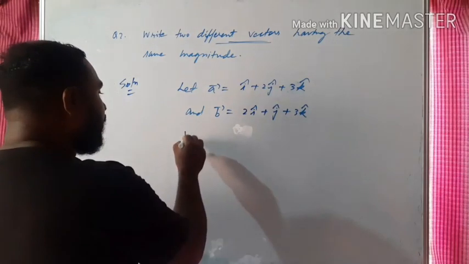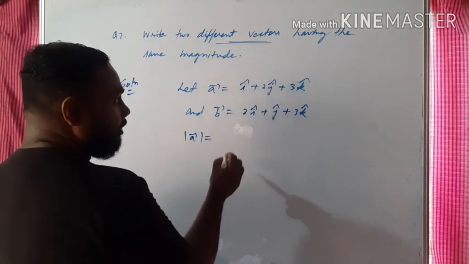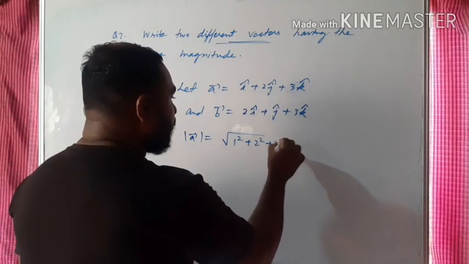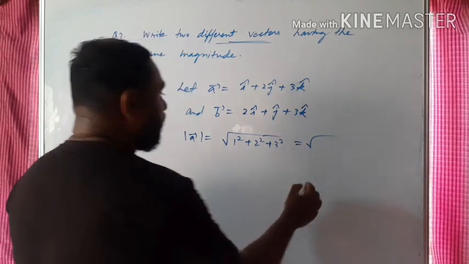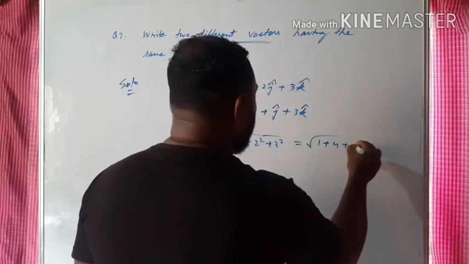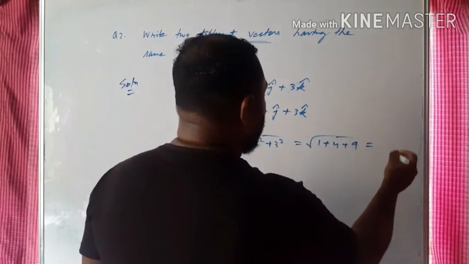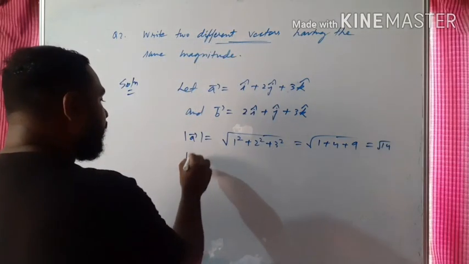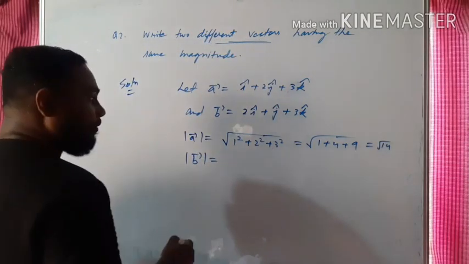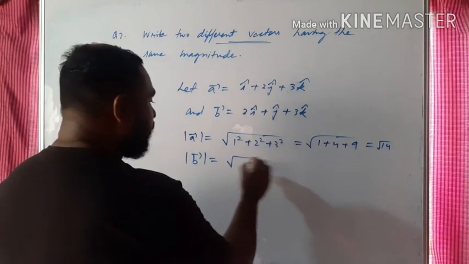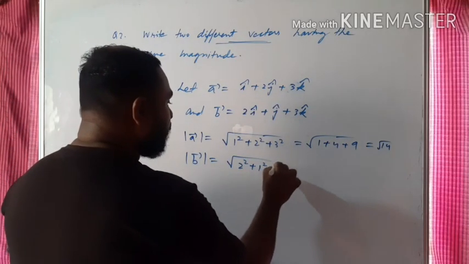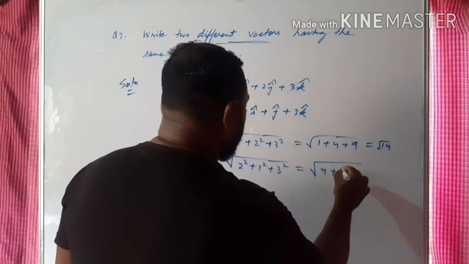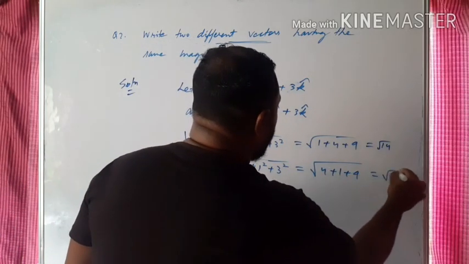Now you see here, if I find the magnitude of a vector, it will be what? 1 square plus 2 square plus 3 square, isn't it? So it will be what? 1 plus 4 plus 9, that is 14, root 14. Similarly, if I find the magnitude of b vector, then it will be 2 square plus 1 square plus 3 square, and this will be again 4 plus 1 plus 9, so it will be root 14.